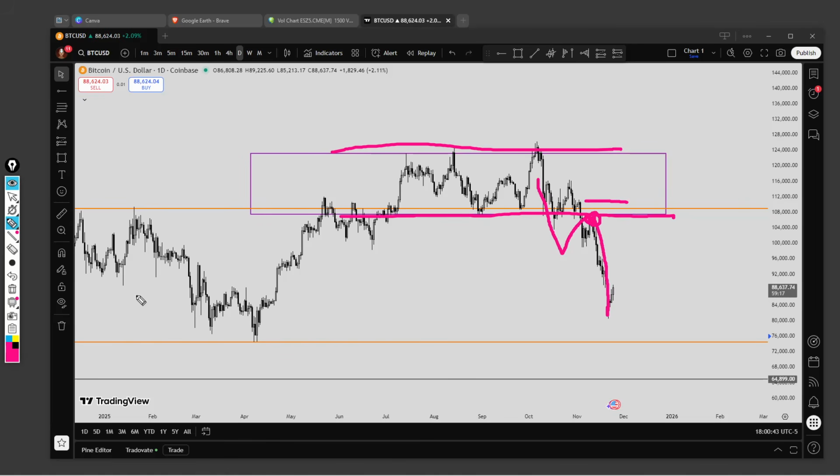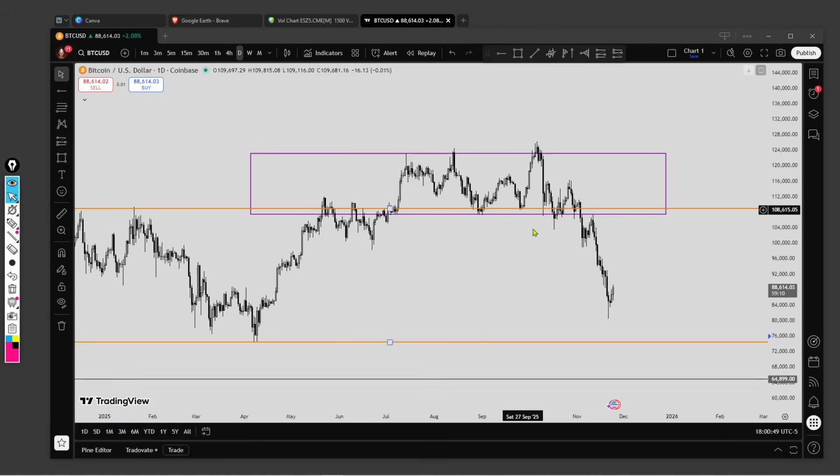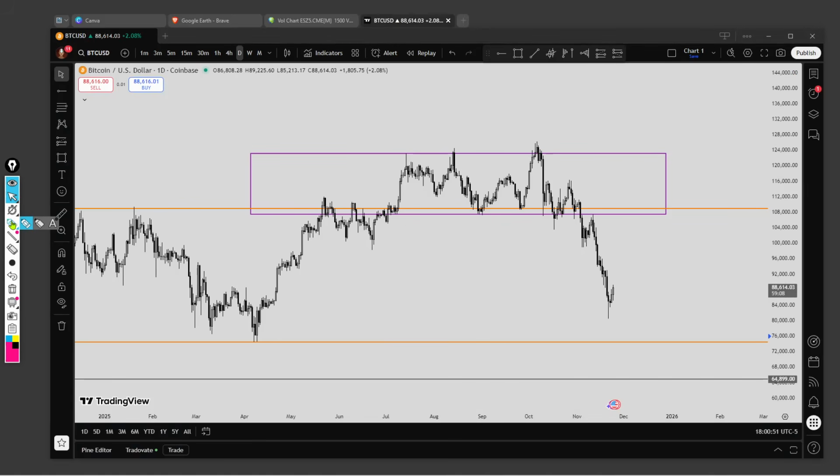Let's say we played the expansion, the breakout, right? Which is this right here, balance breakout. This one, we're just playing it to the downside, but same concept. You have that, and then you break out, you retest, and you're going. We can find a stop loss using the smaller time frame, the smaller fractal chart, but a target of the larger one, and that gives us asymmetric risk to reward.